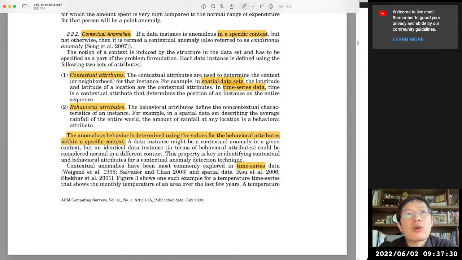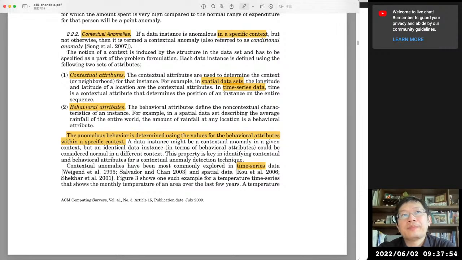So that's what we call a contextual attribute. And most of the time, spatial data or time series data exhibits certain kinds of contextual anomalies.